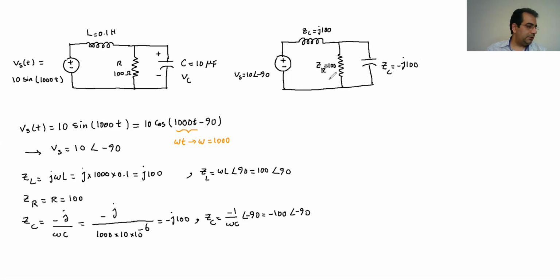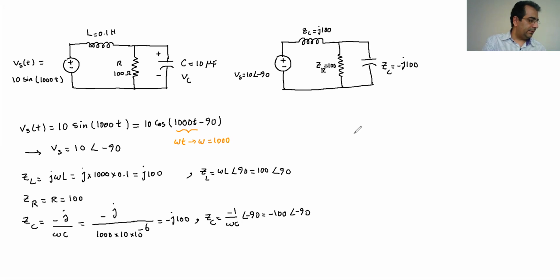By the time I get to this point, I can go ahead and assume each of these just behaves as a resistance, with this complex number resistance. And then do all the calculation the same way as we did up to this point.